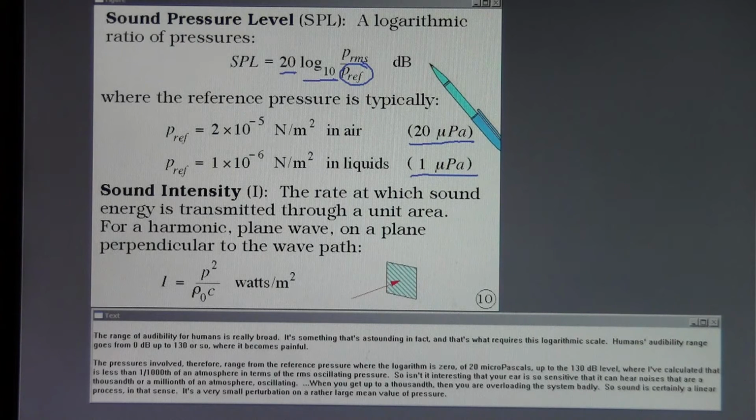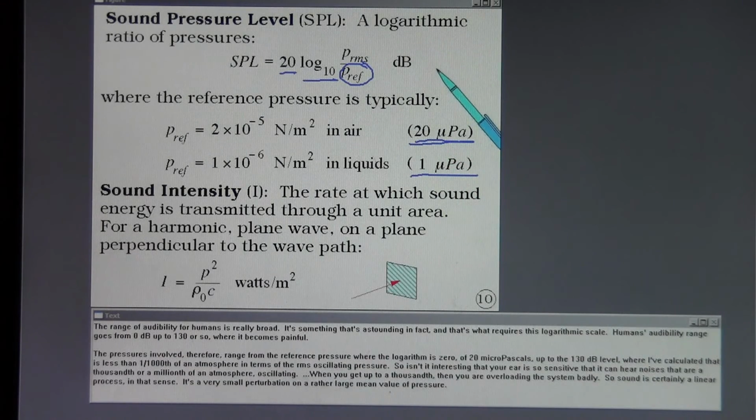The pressures involved, therefore, range from the reference pressure of 20 micropascals, where the logarithm is 0, up to the 130 decibel level, where I've calculated that it is less than 1,000th of an atmosphere in terms of the RMS oscillating pressure.